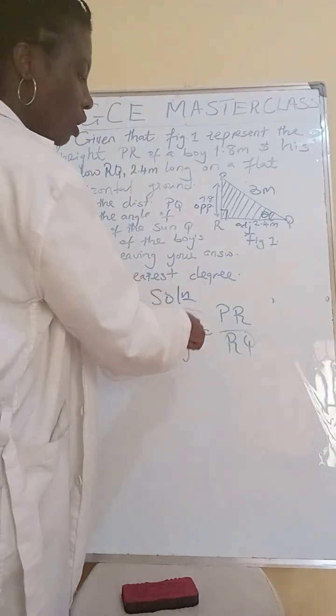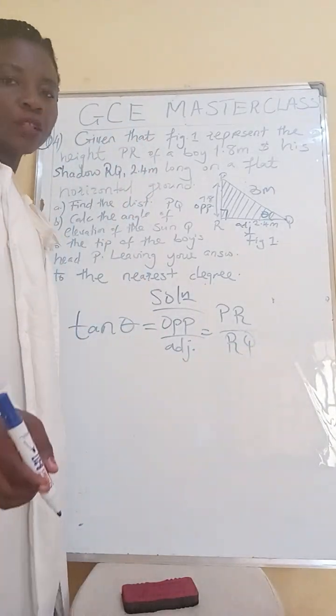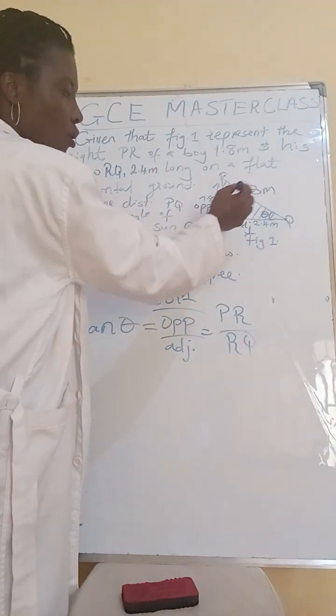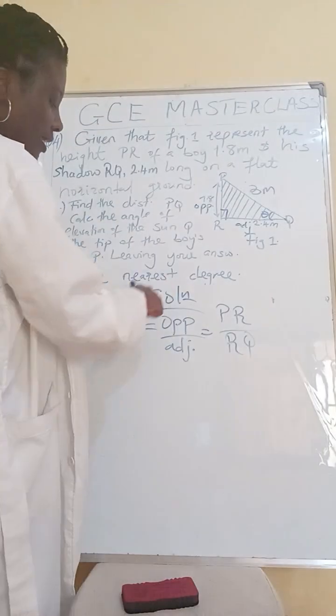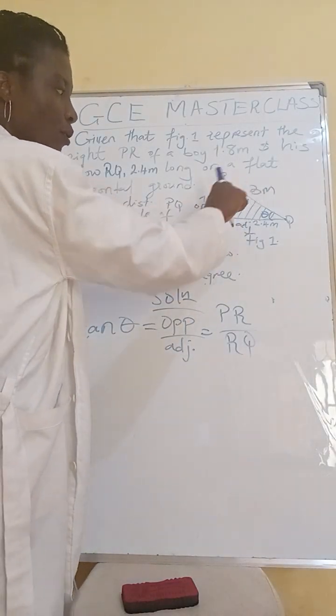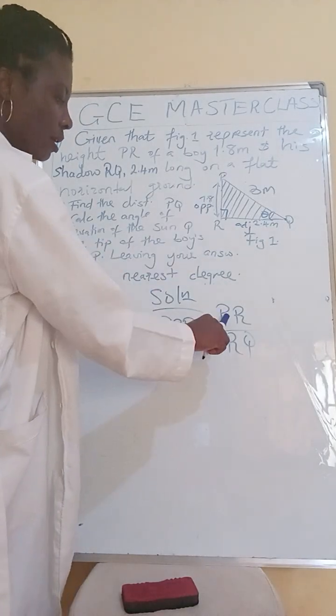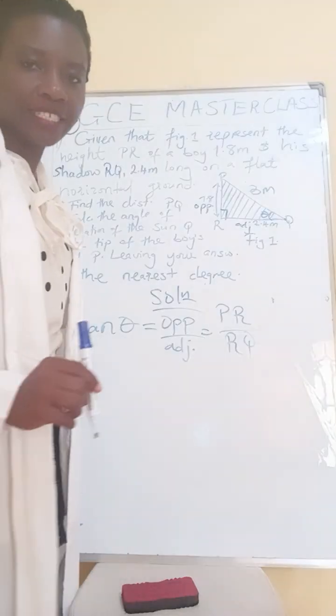If you know about SOH CAH TOA, you will know that sine is opposite on hypotenuse, cosine is adjacent on hypotenuse, and tangent is opposite on adjacent.